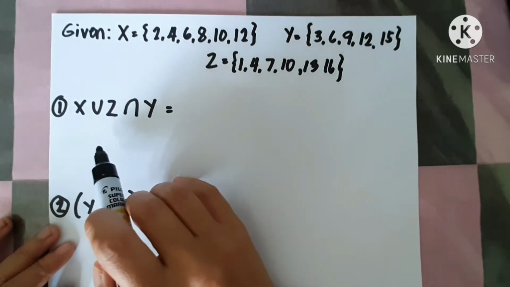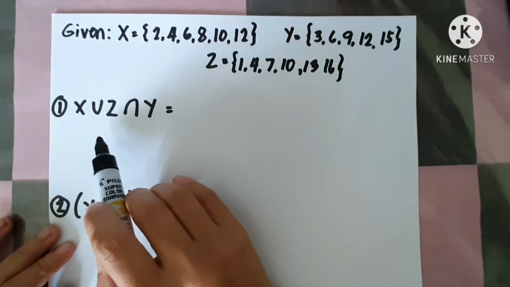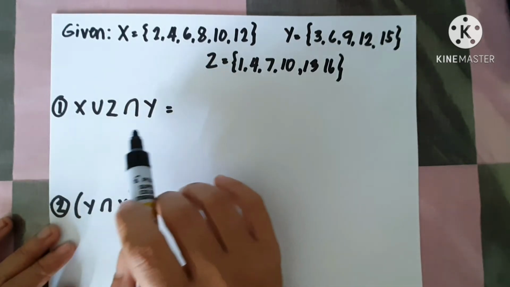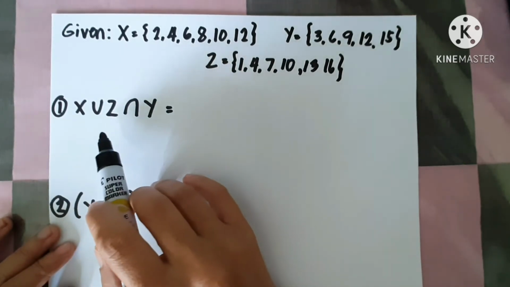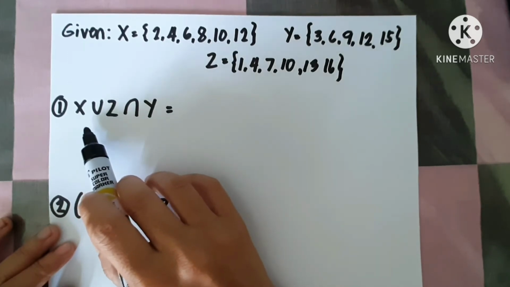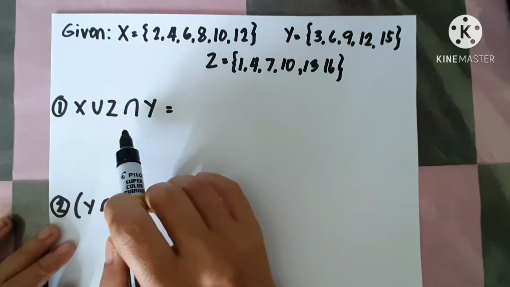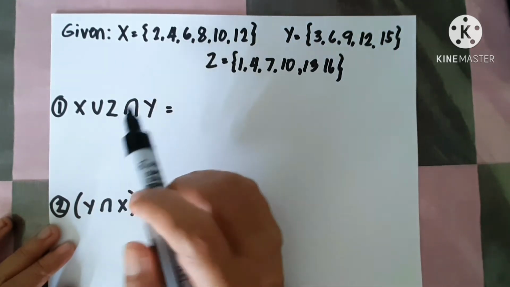Pag ingani ang problem, you start from left going to the right. So unahon nato pagkuha ang union between set X and set Z, and ang result ana nga union, atong kuha ang intersection paingon kang set Y.